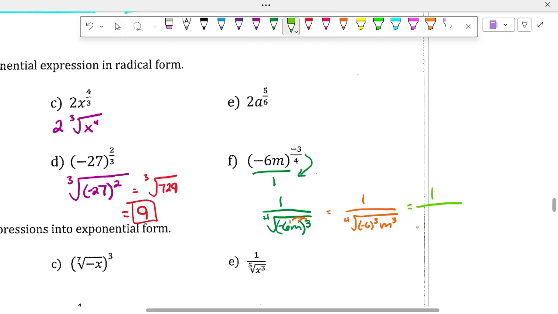So 1 over the fourth root of negative 216 m cubed. And I'll just leave it like that. Now, if you can get here, I'm pretty happy, but just know that you could simplify that further.